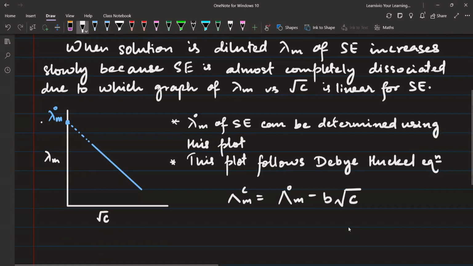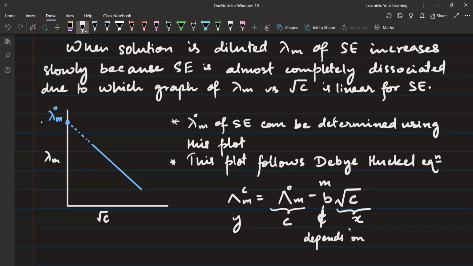So you get a y equals mx plus c type of graph. This is the c, that is the intercept, this B is m, the slope, and this root c is x. This B depends on the charge of ion and temperature.